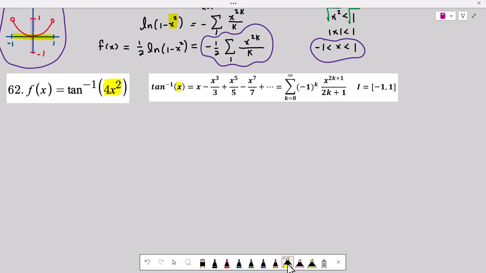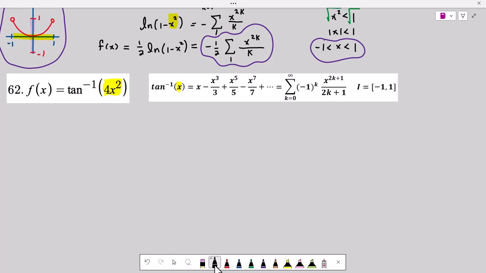The binomial, which we're going to do in a minute, e to the x, the geometric series, sine of x, and inverse tangent of x. Those are going to be the 5. So binomial, e to the x, the geometric series, sine x, and the inverse tangent. So those are the 5 that you will see on that exam in a week.